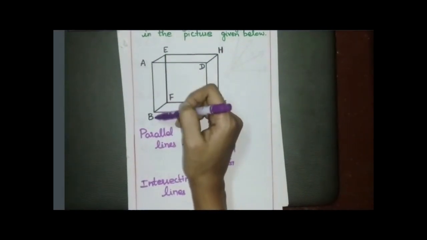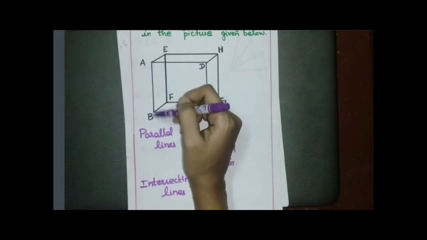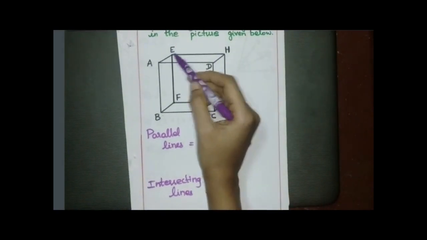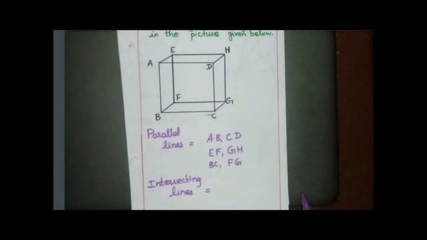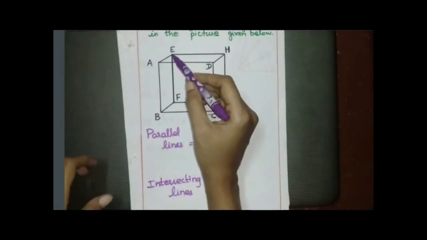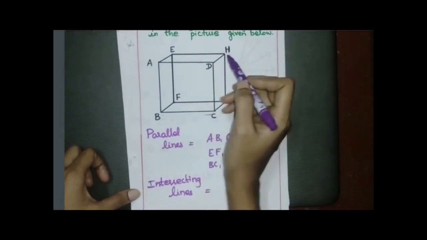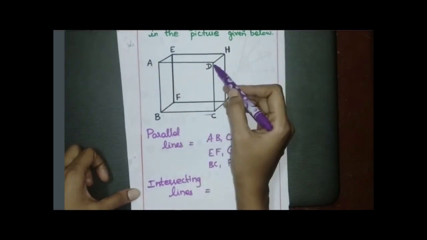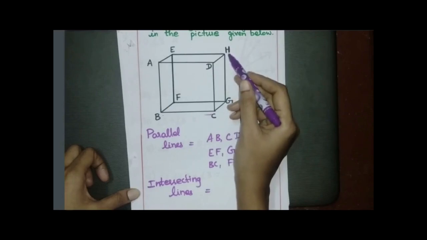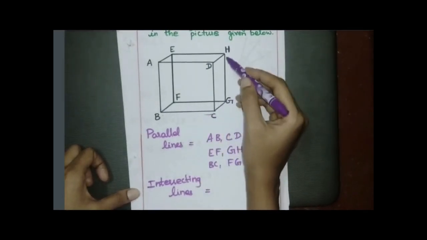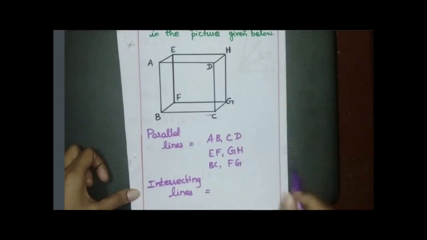Similarly, each point represents concurrent lines. For E, AE, EF and EH. Similarly for D, AD, DC and DH. Similarly for G, EG, FG, GH and CG.